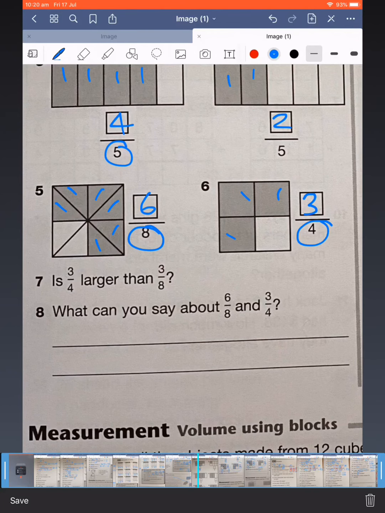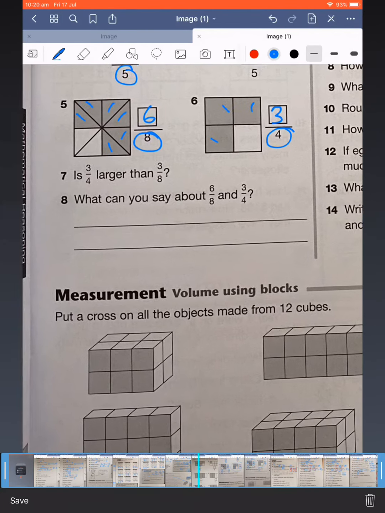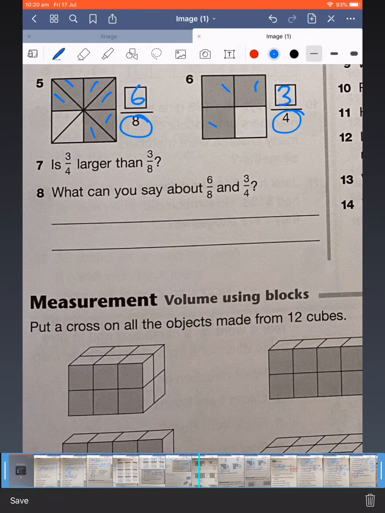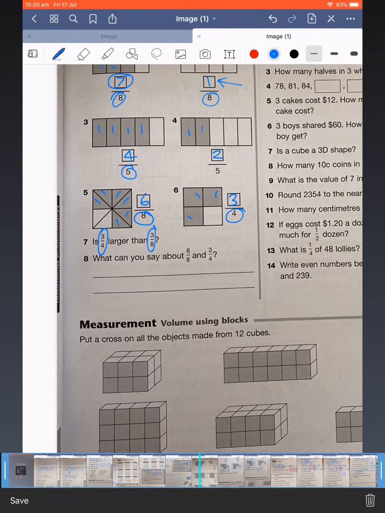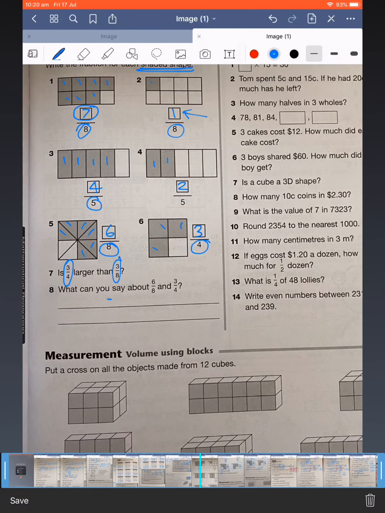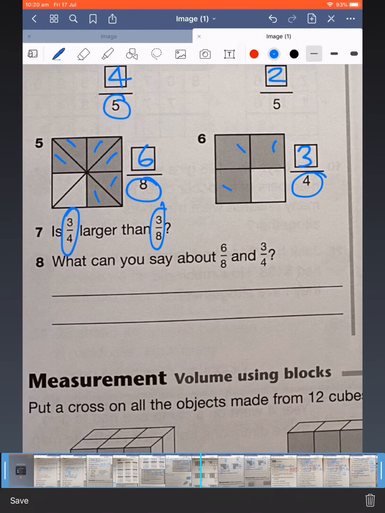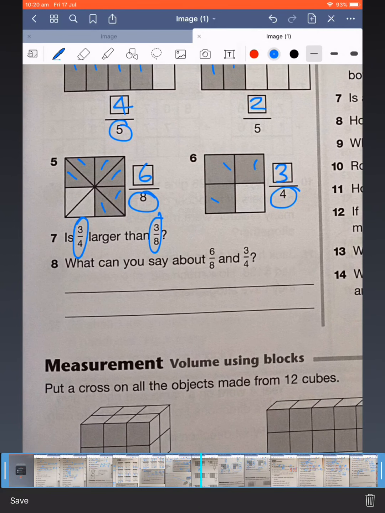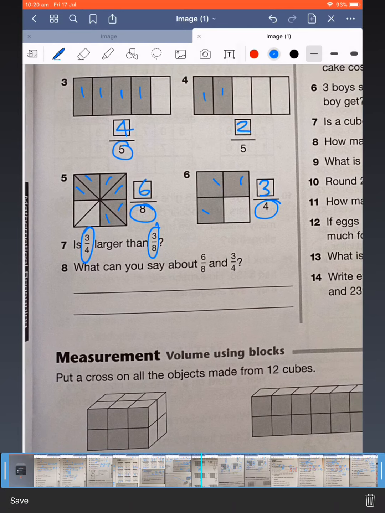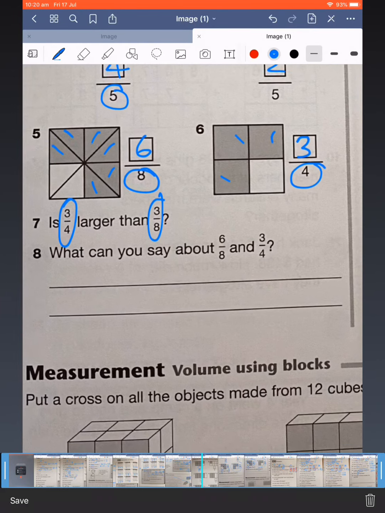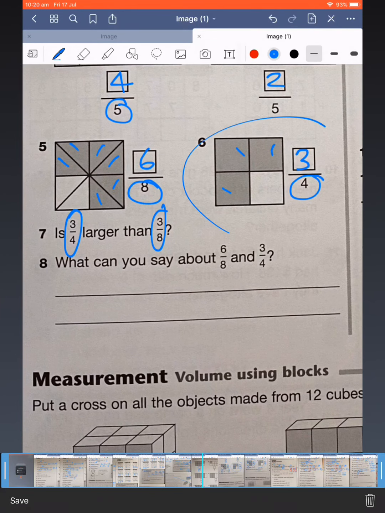All right. Is 3/4 larger than 3/8? Okay, so let's have a look at that one here. If we look at the 3/4 here, this is an example of 3/4. Let's just imagine I was to split this up into 8 equal parts.